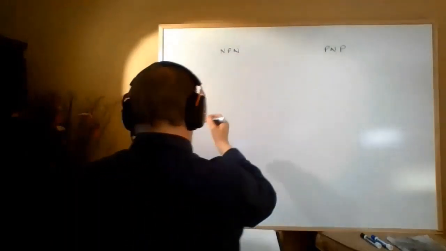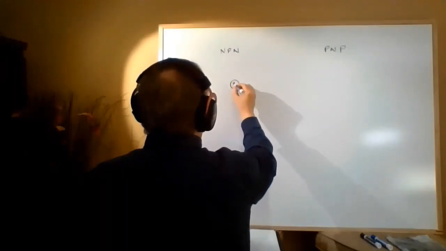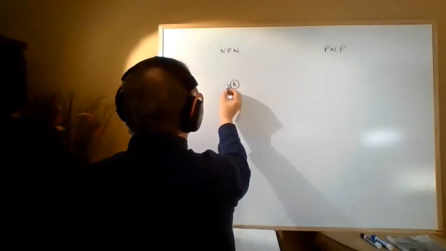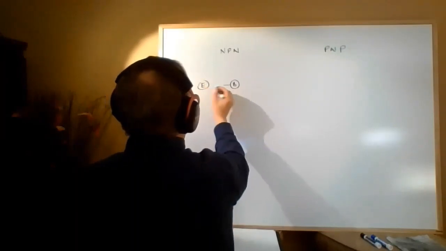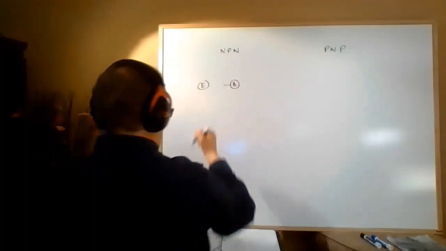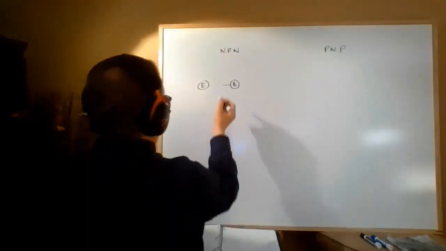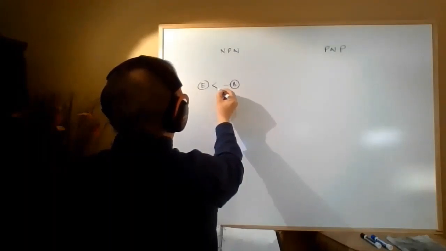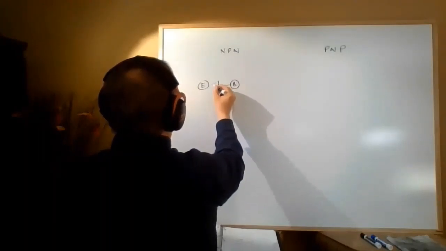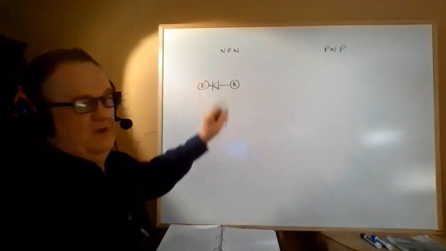And so the way that I like to draw this for testing is like this. I put the base in the middle, and I'll put the emitter over here, and then we know that when we have an NPN, the actual symbol goes in this direction on here, right? Just like that, towards the emitter.